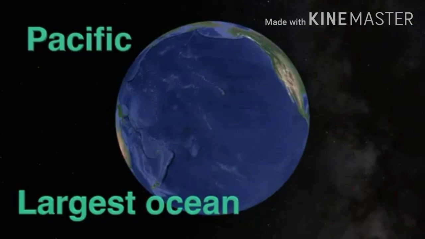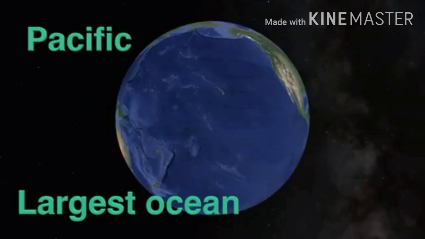The term Pacific means peaceful. Most of the Earth's volcanoes are located in the Pacific Ocean. It has many groups of islands called archipelagos, of which Indonesia is the largest with more than 17,000 islands.